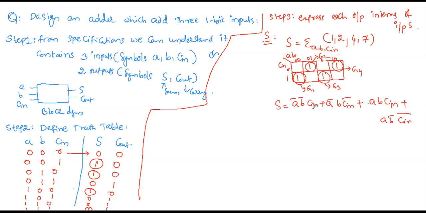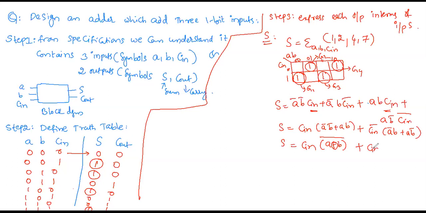Now separate the C in terms and the C in bar terms and take common. C in common, A bar B bar plus AB. Take C in bar common, A bar B plus A B bar. This is nothing but A XOR B whole bar, the XNOR expression. This is the XOR expression, A XOR B.